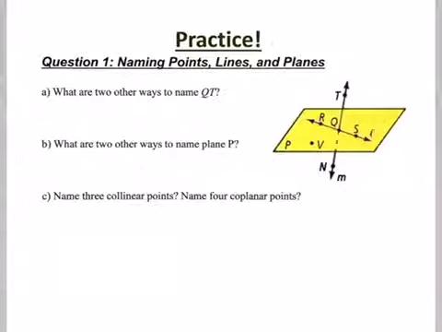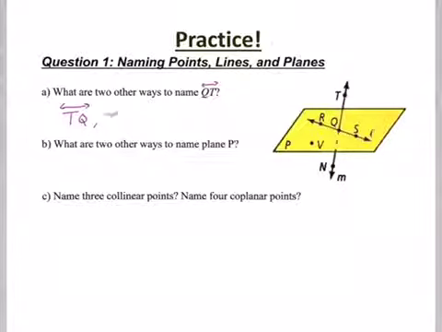So here we have some practice questions. It says, what are two other ways to name QT? So in this case, let's assume they're talking about line QT. So we'll put the line symbol above it. All right, so another way to name line QT would be to use either the same points in a different order, or we can choose, because of the line, we can choose other points on the line.